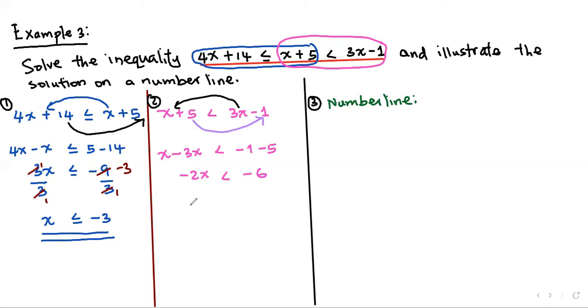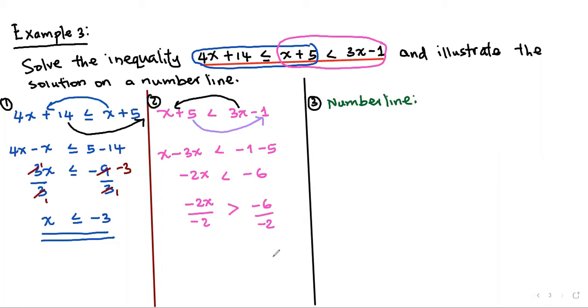So for this problem, you see that we have to divide on both sides by a negative of 2. And remember, dividing both sides by a negative integer will reverse the inequality. We are having less than, but instead we will have more than.